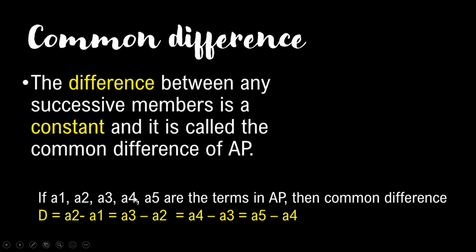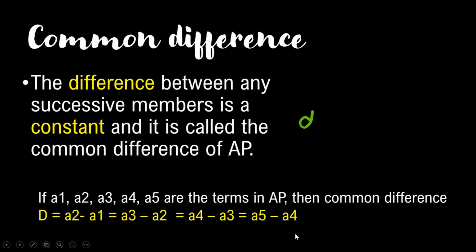Similarly, it will be equal to A4 minus A3. It's very important to understand the sequence. You cannot just randomly write A1 minus A2, here A3 minus A2, here A4 minus A3, here A4 minus A5. No. It has to be the next number minus the previous number. So A2 minus A1, A3 minus A2, A4 minus A3, and so on.